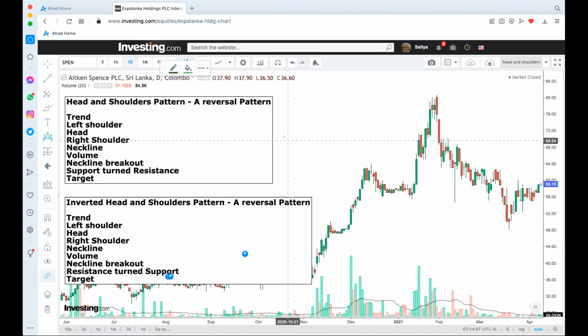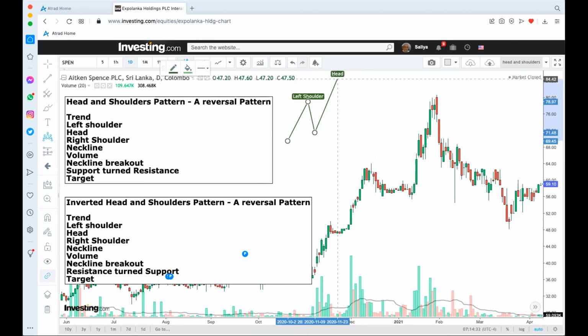You pick up a level to start your left shoulder, click, then go up. Then you will spot the swing high, click on that. Then you come down to find the swing low, you click on that. Then you go up and find the top of the next rally, which has to be higher than the left shoulder. Click on that.